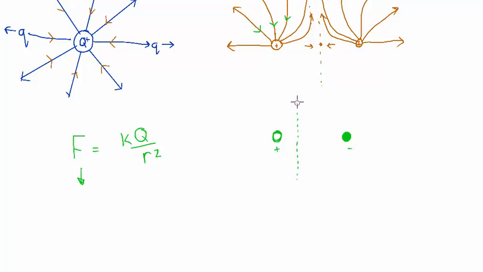Now, this just helps give me my shape, because I still do the same shape. I go away from positive and towards negative, so this line still looks the same. But what happens to this line is, remember, at this point it must have a horizontal gradient.